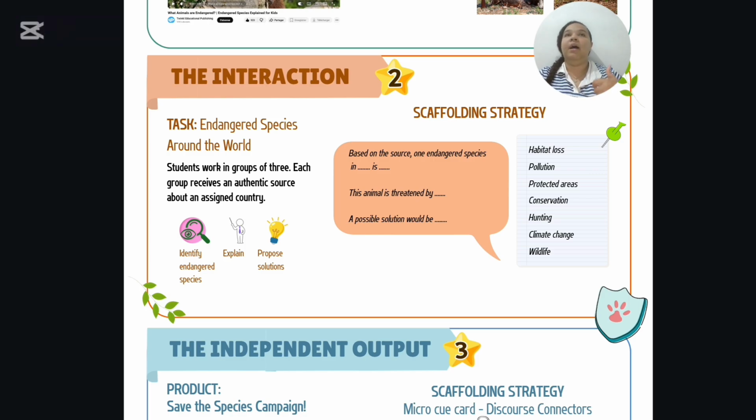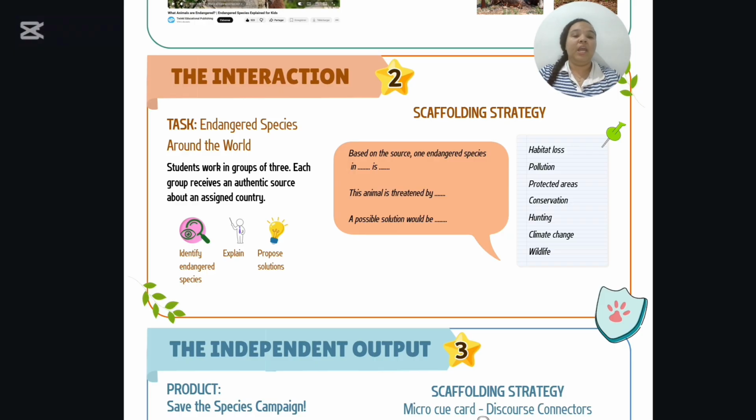It could be Colombia, England, Peru, and so on, right? Their task is to first identify endangered species, then to explain why they are endangered and propose possible solutions in order to contribute to the conservation of these animals.